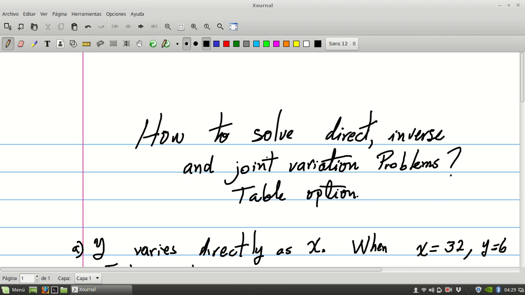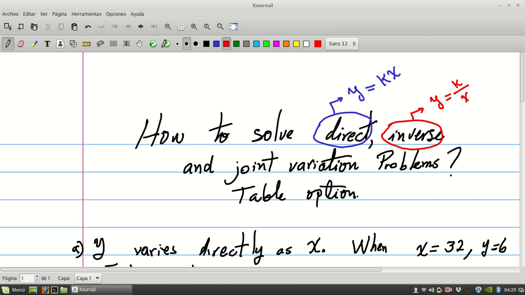Okay, so remember that direct variation is when two variables are related by the equation y equals k times x, and inverse variation is when two variables are related as k over x.